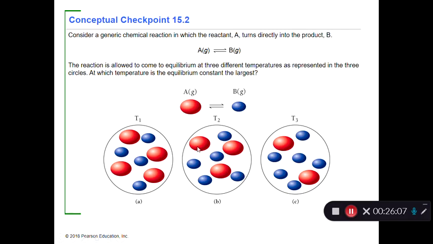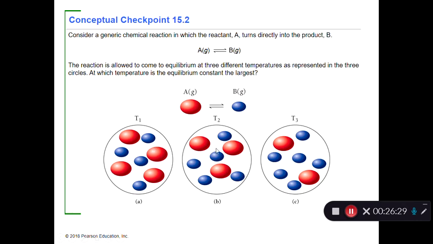We are going to know at which temperature the equilibrium constant is largest. We have highest equilibrium or largest equilibrium constant. For our notation, we use the red color for A and blue color for B. A as a reactant, B as a product.